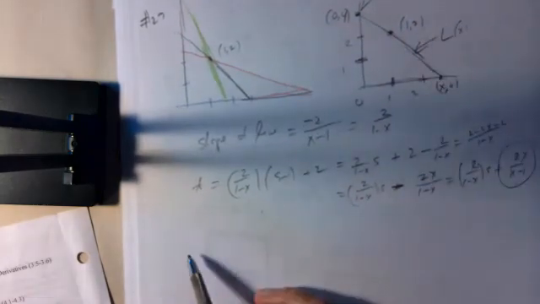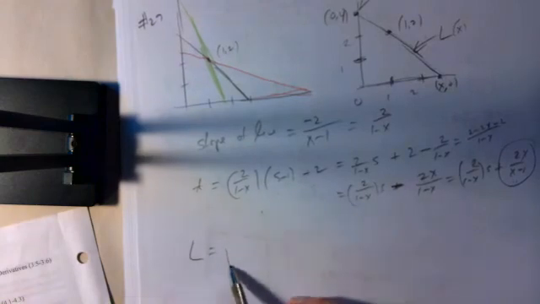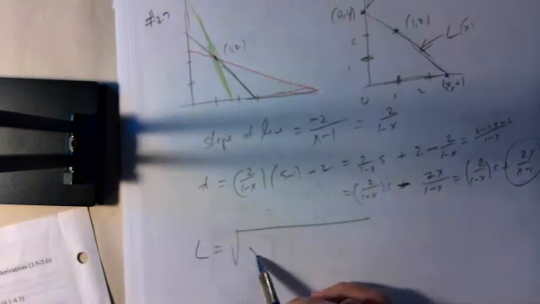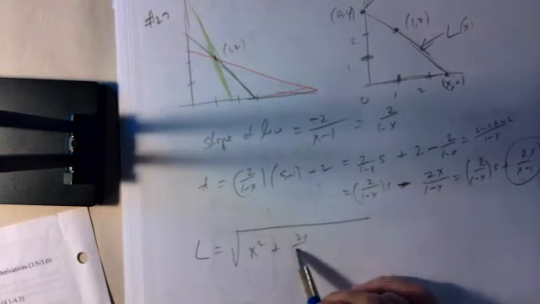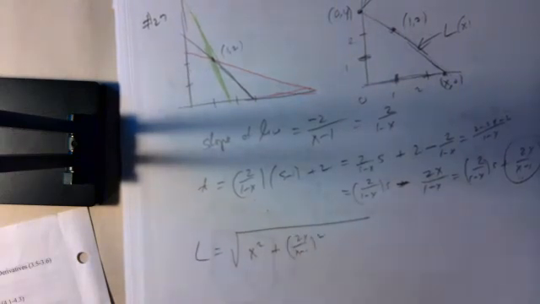And so L is the square root of x squared plus 2x over x minus 1 squared. So that is the length L of the hypotenuse as a function of x.